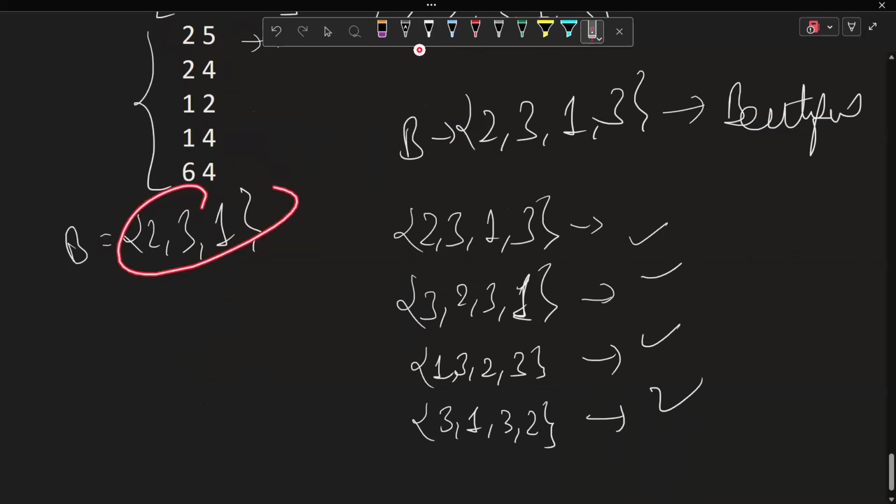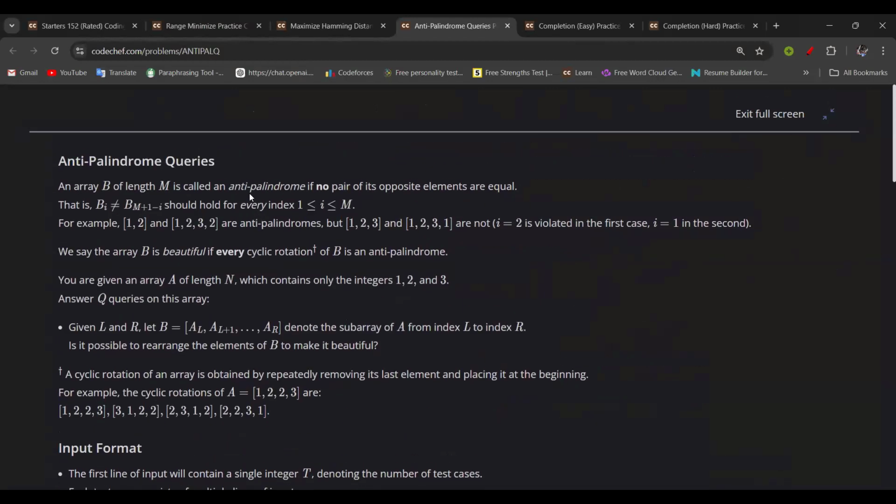If you look at the problem statement only, you would understand that for anti-palindrome, if the array is odd sized, that's the first observation you would have got while reading, it is definitely not going to be anti-palindrome. It can never be anti-palindrome because for the middle element, you are comparing the same element with itself, so it would be equal.